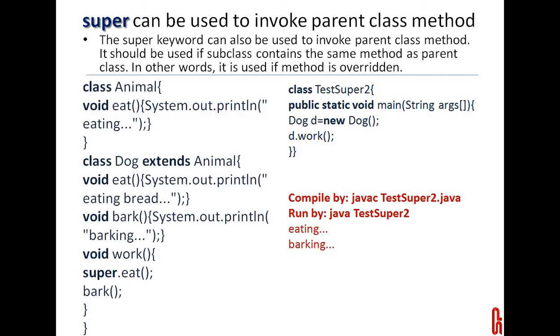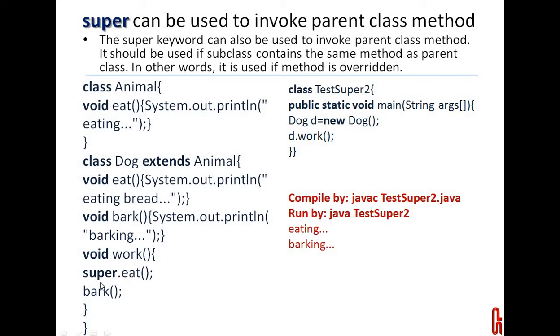So only one bark method is there, but two eat methods are there. Suppose we are not specifying the super keyword with the eat method invocation, then the local eat method is invoked by the statement. Here the super keyword is there, so the parent class eat method is invoked.